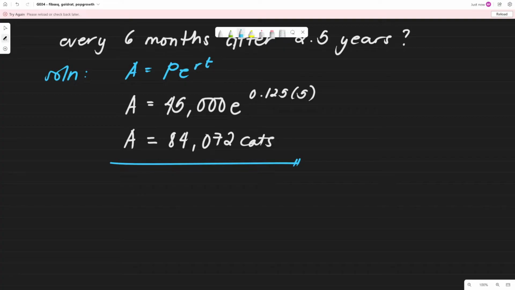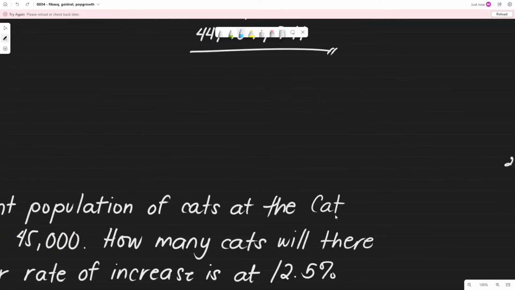So we can use our model A is equal to Pe raised to rt, as long as we are given the initial population, the rate, and the time. Okay, let's move on.